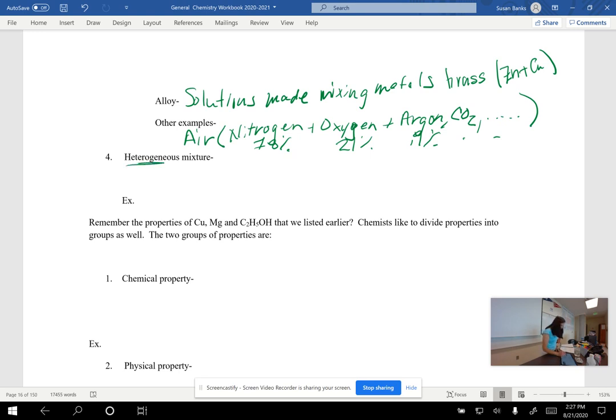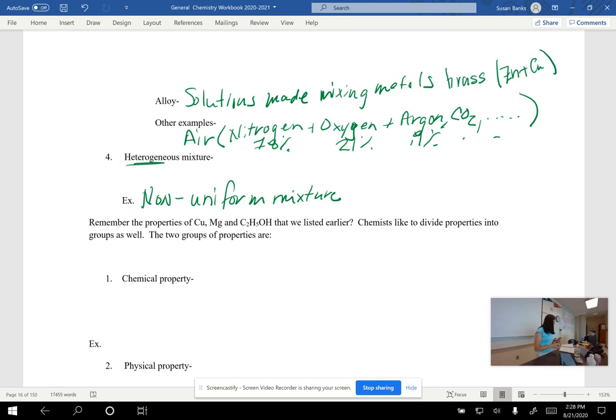Heterogeneous. Hetero means different. So a heterogeneous mixture is a non-uniform mixture. Okay, so it will not be uniform all the way through.